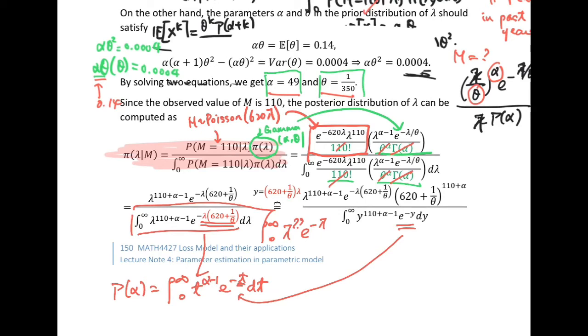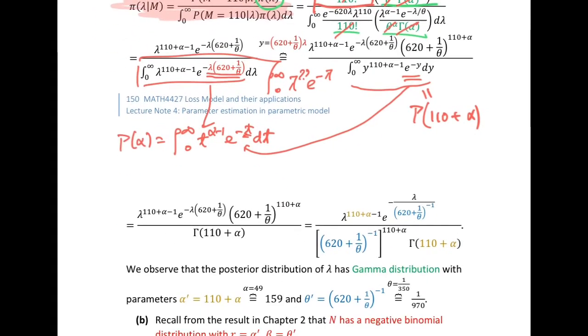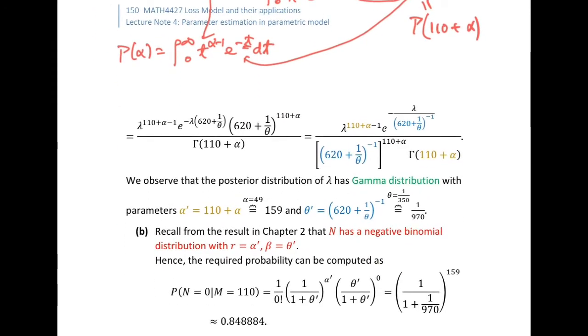Now, just applying this substitution, and after some algebra, you can turn this integral into this form, and you can see this one is just equal to gamma of 110 plus alpha, isn't it? According to the definition, this is what you get.